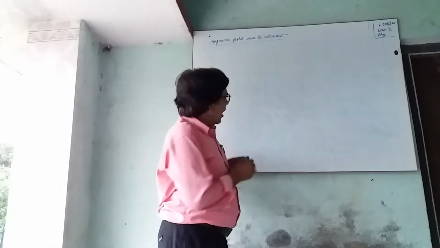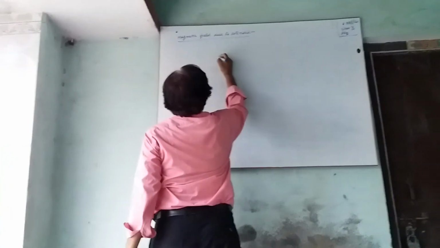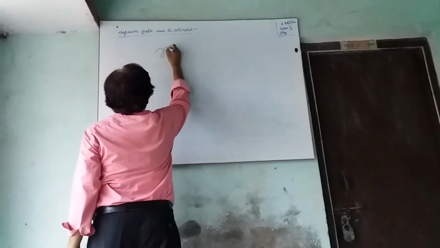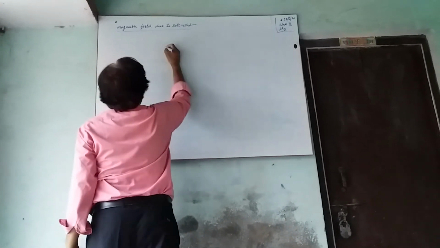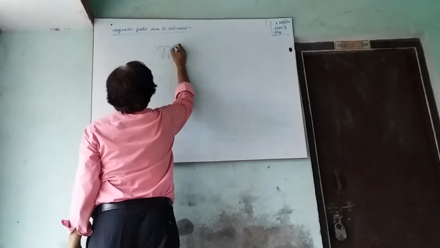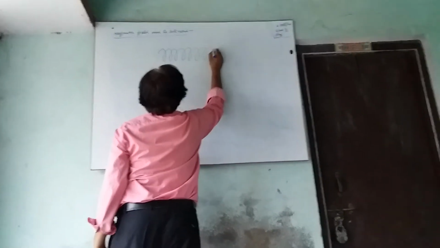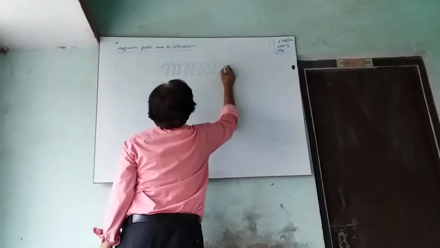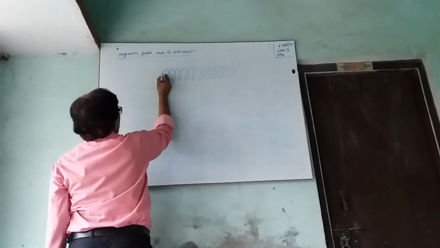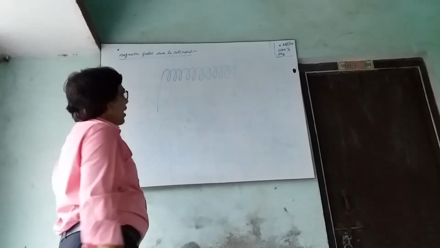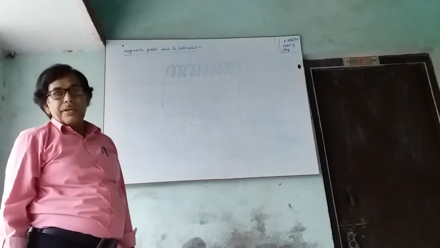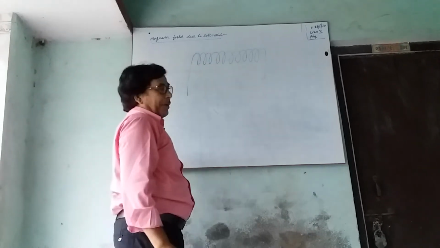A solenoid is a long coil in the form of a spring.